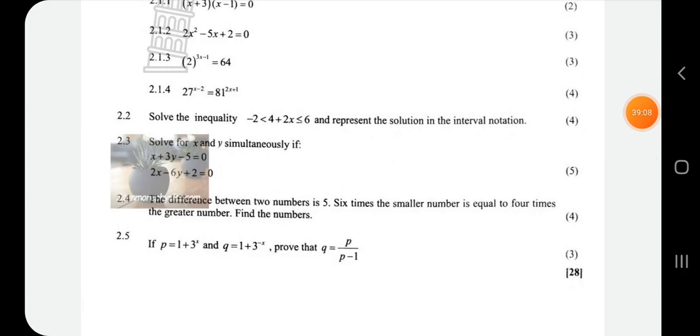Now let's look at 2.4. The difference between two numbers is 5. 6 times the smallest number is equal to 4 times the bigger number. Find the numbers.